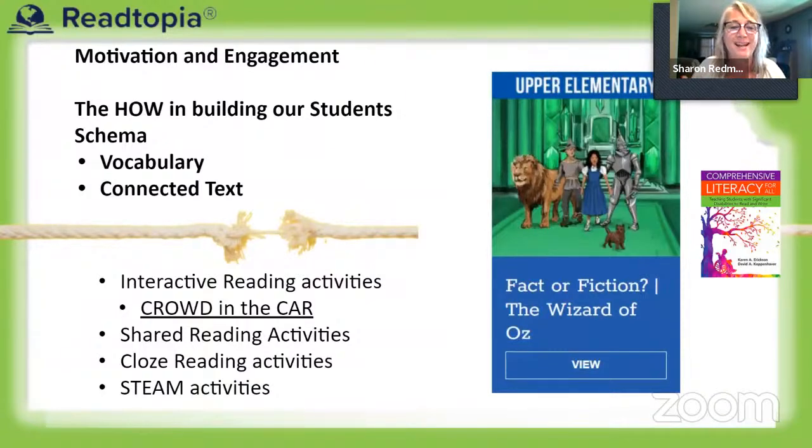And we're also going to be looking at, because having a little STEAM is always going to be engaging and bringing in that meaningfulness to our students and getting them engaged and excited. So we're going to look at this vocabulary and connected text through using really engaging materials. And I've just seen that and have used Readtopia in order to do that.